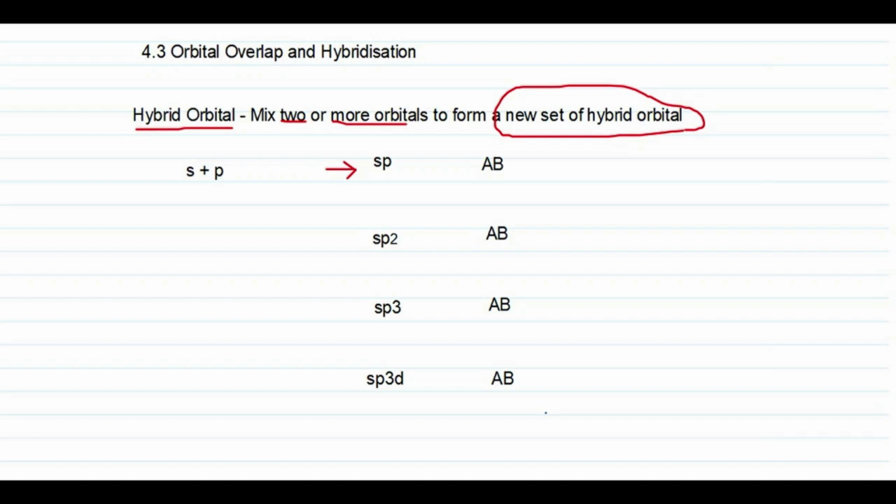Let's say you have 1 liter of paint that is yellow in color, which is represented by the s orbital. At the same time, you have 1 liter of paint which is blue in color. This represents the p orbital. When you mix 1 liter of the yellow color, which is s, and 1 liter of the blue color, which is p, you will produce a new color.